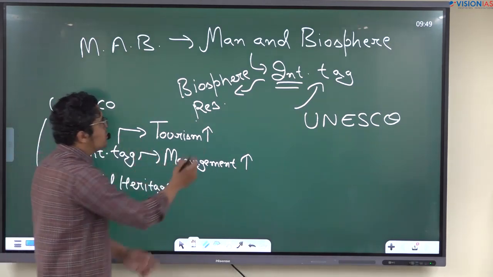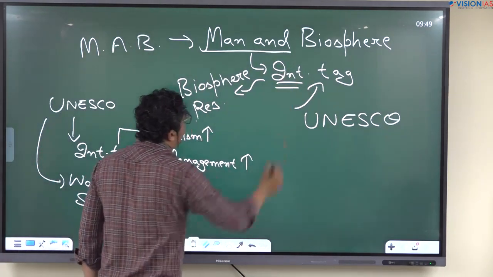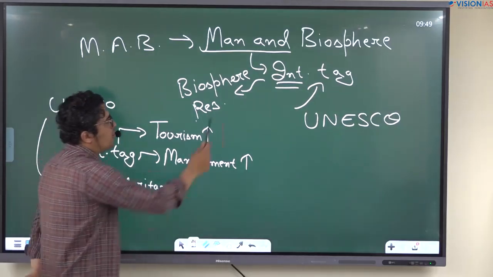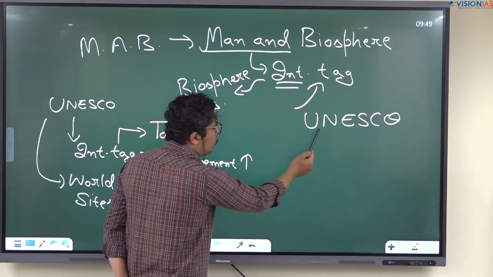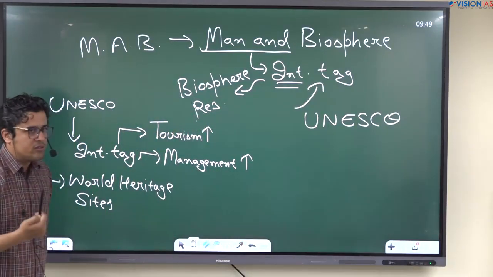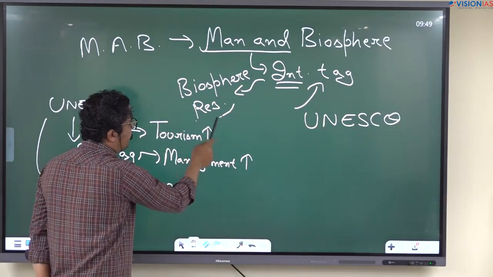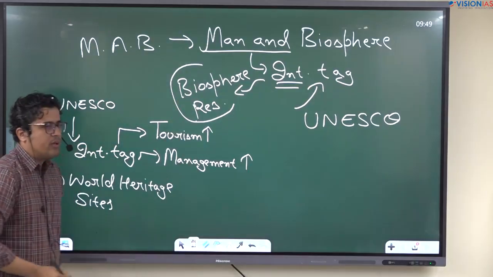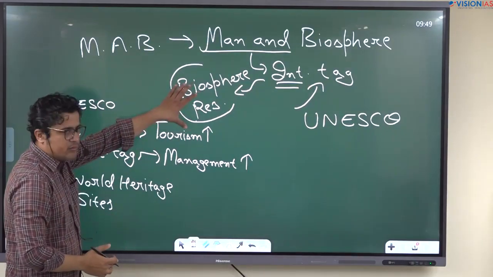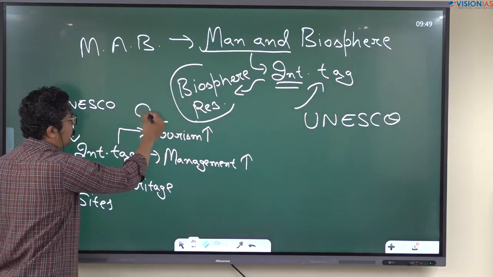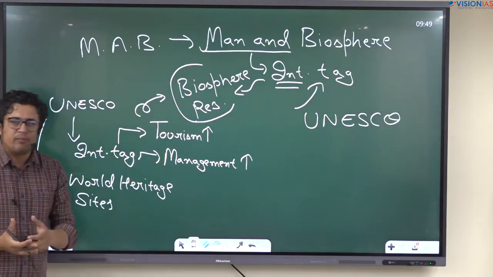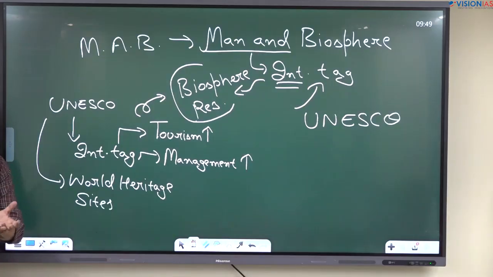Apply the same logic on this tag, Man and Biosphere. What is this initiative? It is an international tag. Who gives this international tag? UNESCO. To whom? Biosphere Reserves. So if a Biosphere Reserve gets this tag, what will improve in this Biosphere Reserve? More people will come. It has got international recognition. It will become popular.